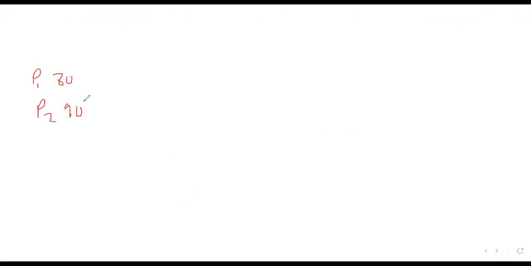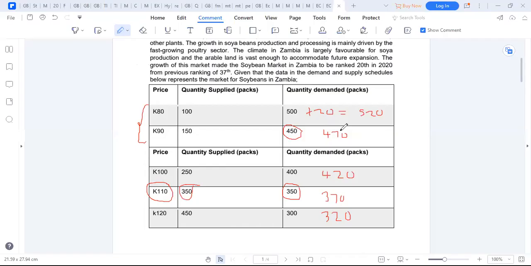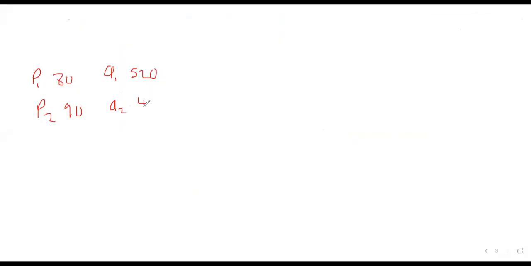Then we have what? 520 to 470. Who wants to try to calculate our elasticity of demand there? Who hasn't spoken? Who wants to help us recalculate our elasticity of demand? Mombi.